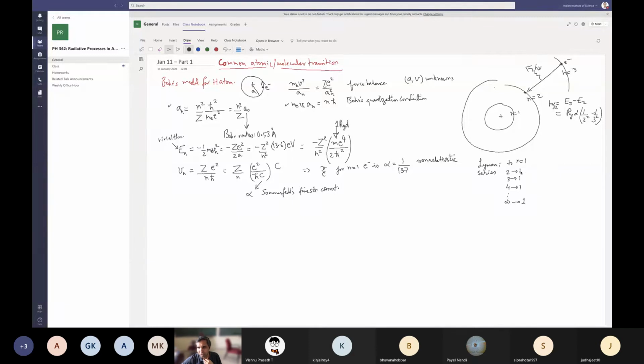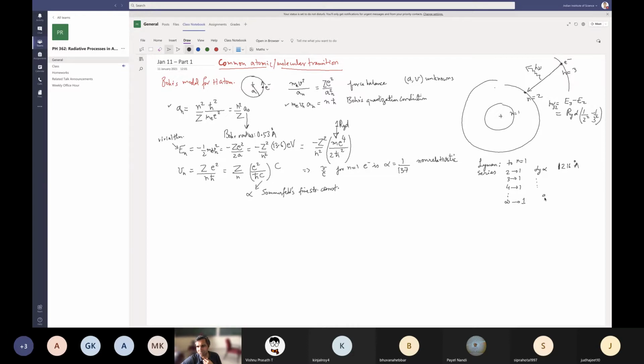The 2-to-1 transition is called Lyman alpha, and it has a wavelength of 1216 angstrom. So it falls in UV, and of course, this is basically the ionization potential, right?